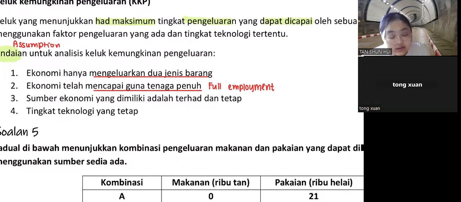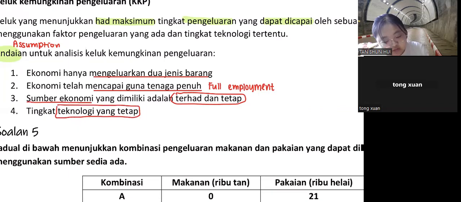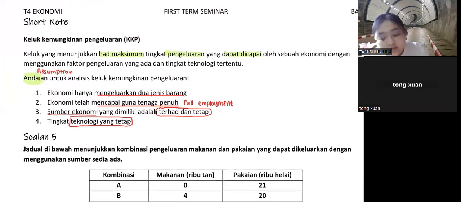And then sumber ekonomi adalah tetap dan terhad, limited resources. Technology yang tetap, limited technology. Basically, KKP is they tell you with the limited resources, with the limited technology, the maximum that I can have.